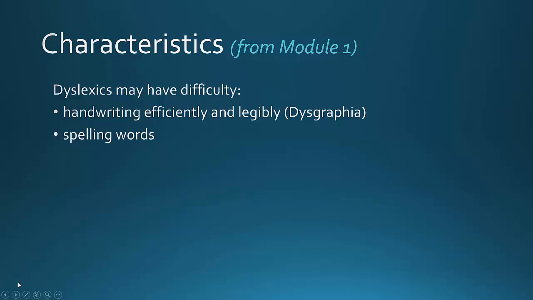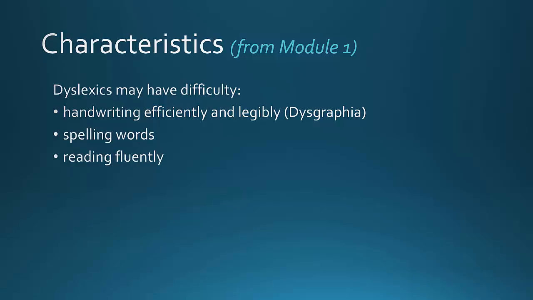Or a student might have difficulty spelling words. If you're a content area teacher, maybe you notice that in their notes they're having repeated problems spelling words or keeping up with note-taking tasks because they're thinking so much about spelling each letter in the words that you're showing on your PowerPoints or on the board.